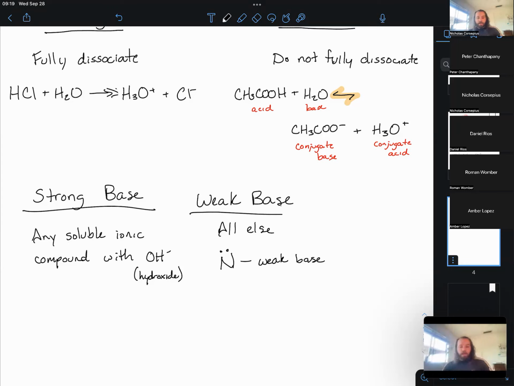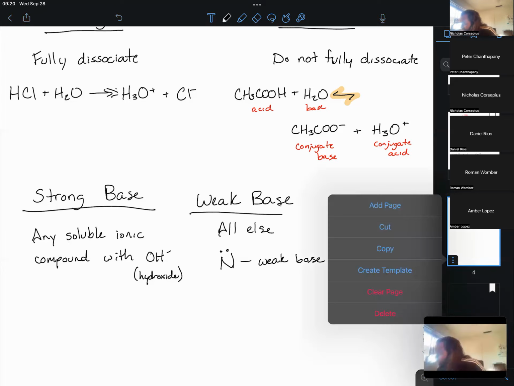Cool. All right, so now we're going to dive into the quantification stuff. We did a little bit of this last time working with pH and autoionization. If you look back in your worksheet last time, there was a difference between how we did the pH of strong acids versus the pH of weak acids, right?